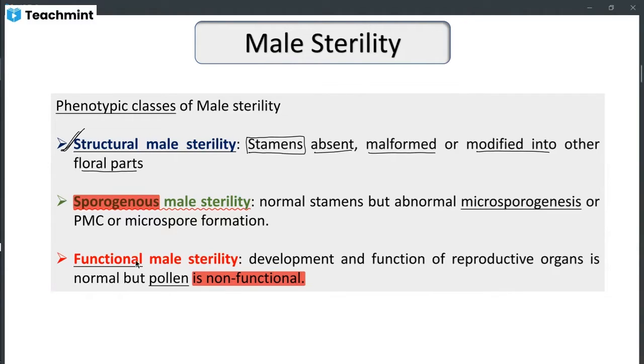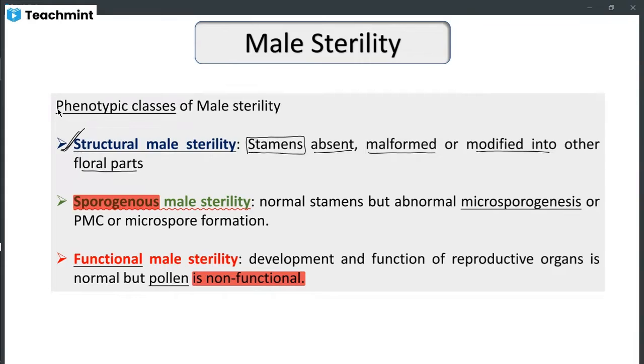Whereas in functional, the stamen is formed, the stamens are normal, as well as microsporogenesis, everything is normal, but the ultimate product, the pollen, is non-functional in nature. Okay, so please remember, this is the phenotypic class of male sterility.